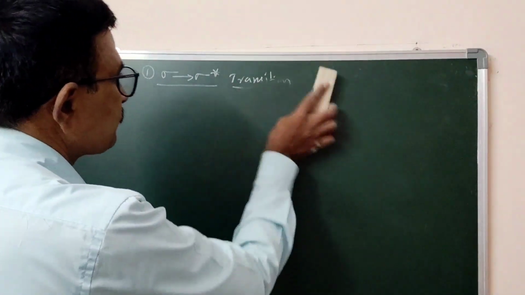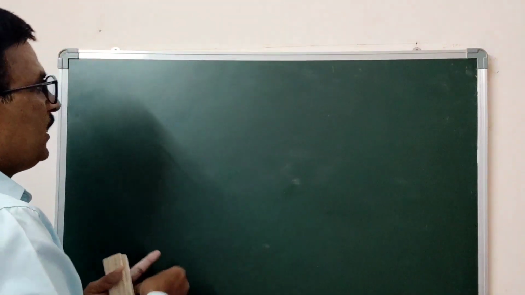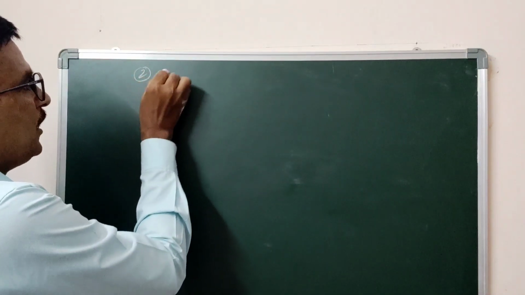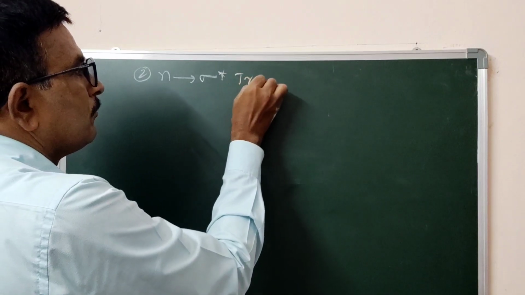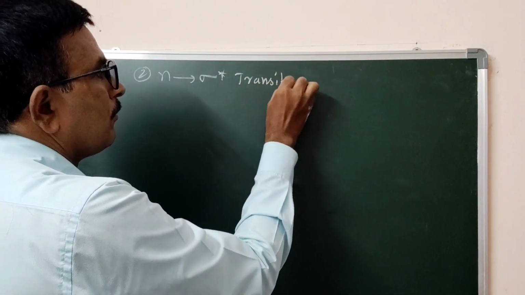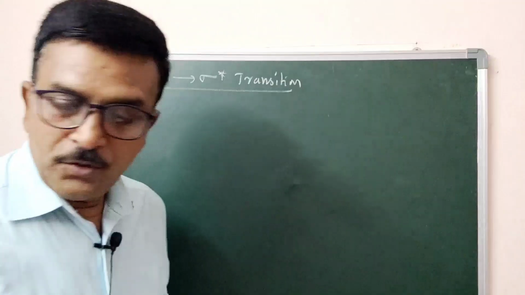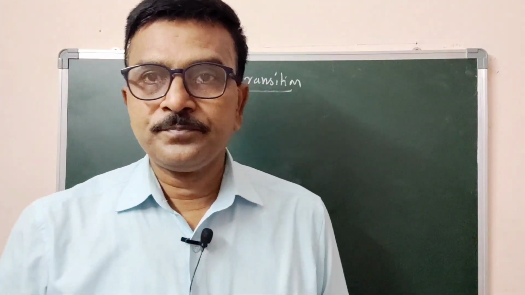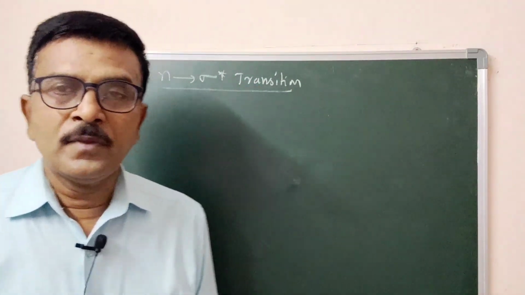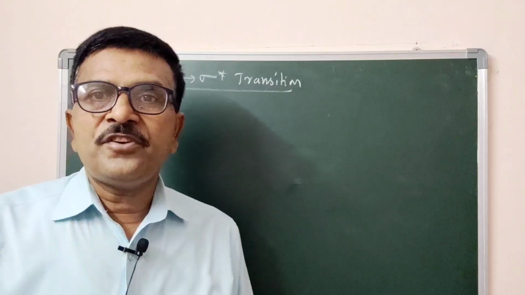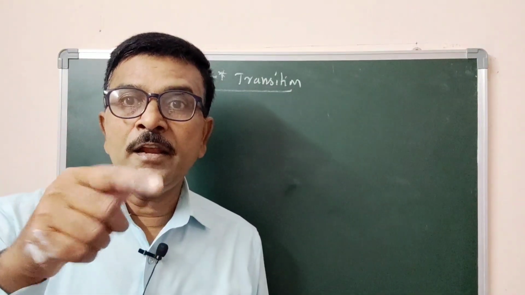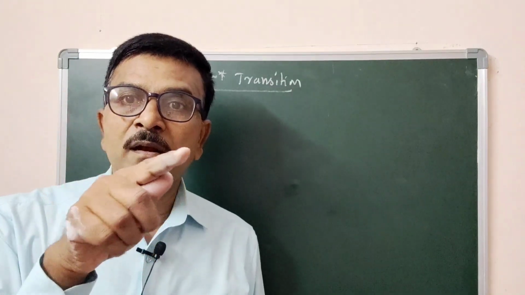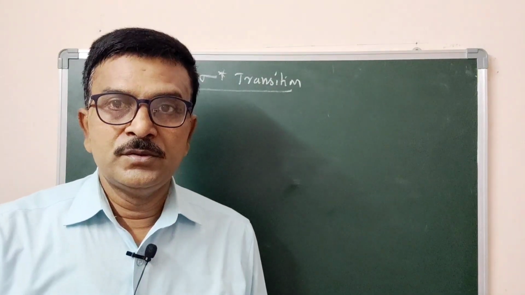Now coming to the second type of transition, n to sigma star transition. Now this transition is possible in a molecule which contains both non-bonding electrons and sigma electrons.